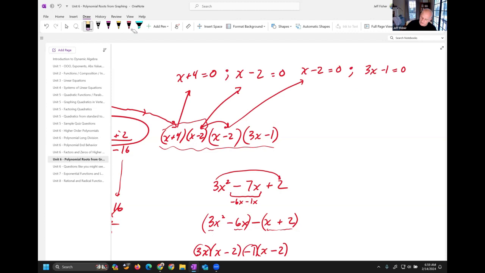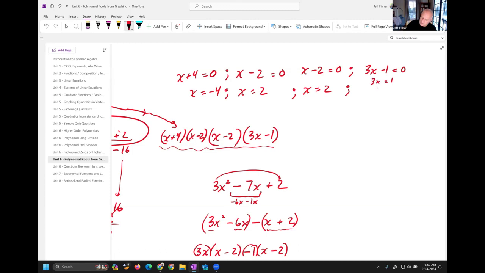Okay, so now that we have all of these, we will find our roots. Well, we already knew these were x equals -4, x equals 2. Here's another x equals 2. And this is going to be 3x minus 1. This is 3x equals 1, x equals 1/3, right?